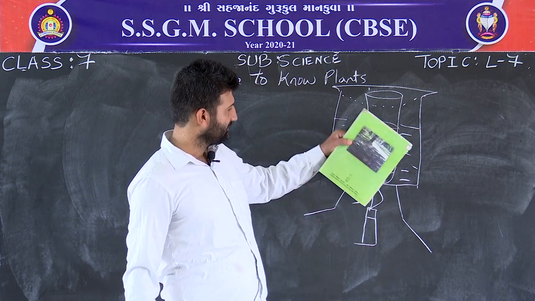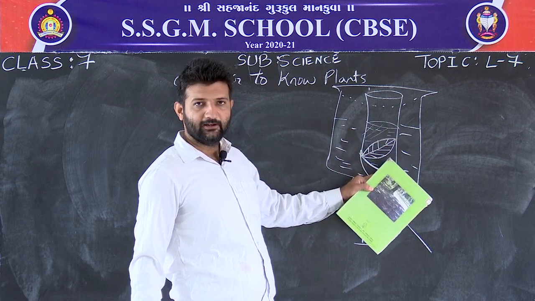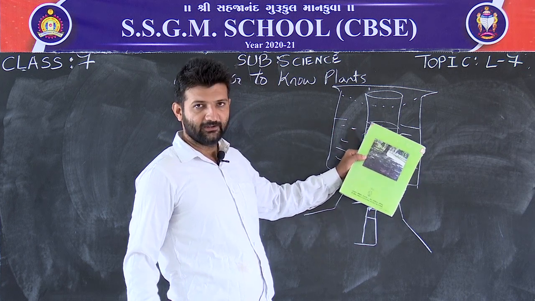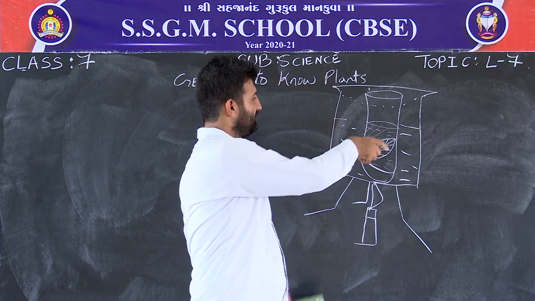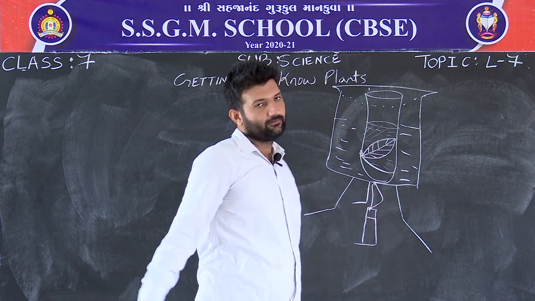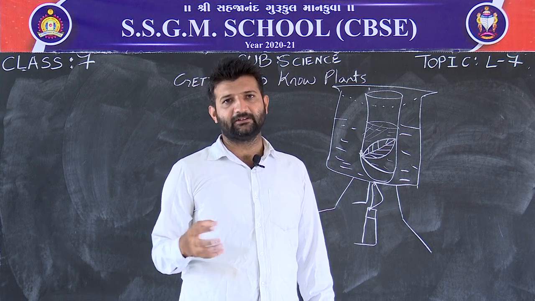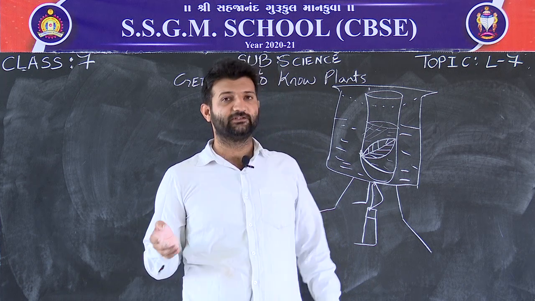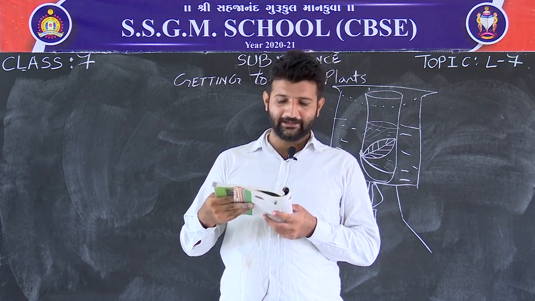So first of all there is one test tube, in the test tube there is one leaf with spirit. This whole test tube is put inside the beaker which contains water, and we have to boil this water. So, after some time, boil it till the color of the leaf gets changed or color is removed from the leaf.